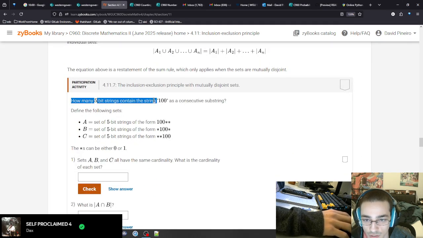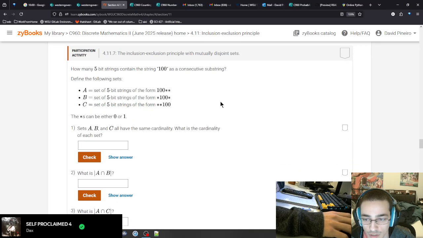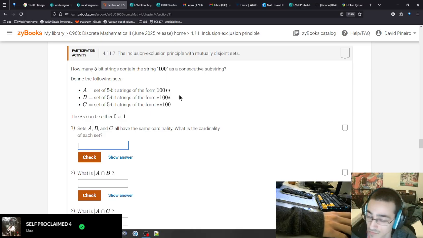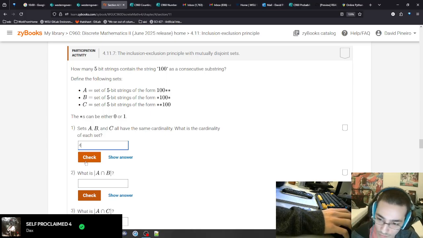How many 5-bit strings contain the string 100 100 as a consecutive substring? Okay, interesting. What is the cardinality of each set? Isn't it just 4?